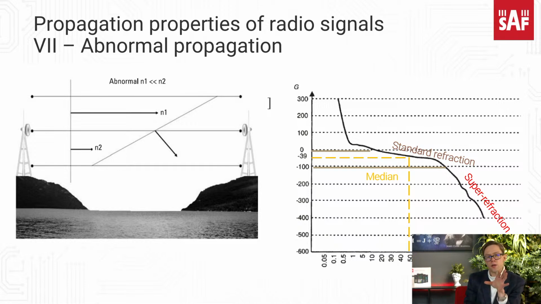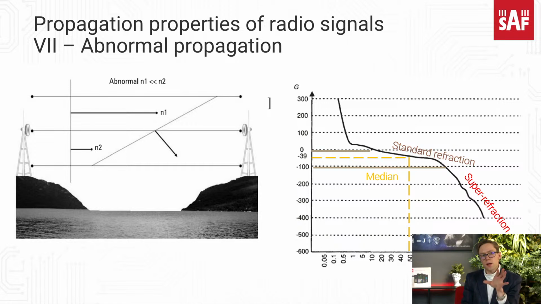And super refraction is the more common abnormal propagation condition, and it is very often met in desert regions and regions by the sea, especially the Middle East.